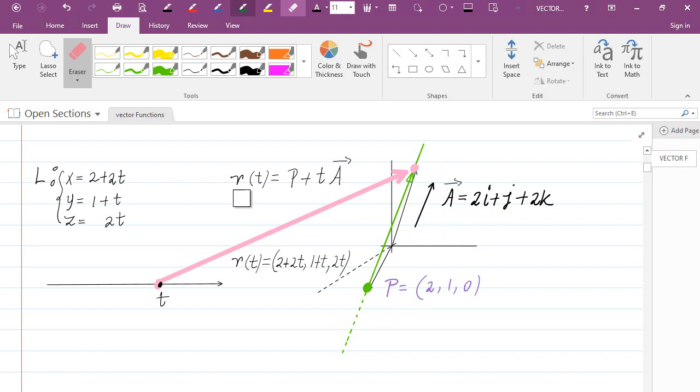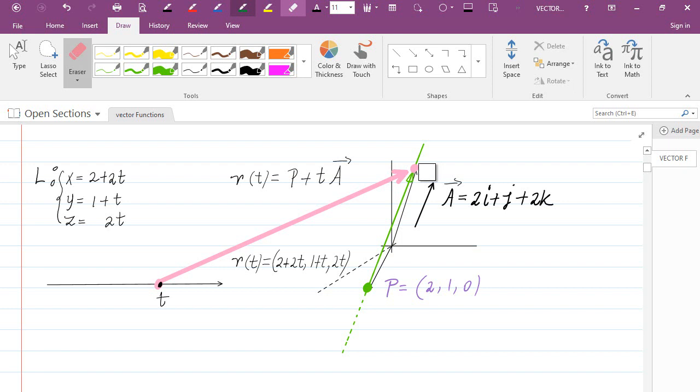So if I define the function R of t to be P plus tA, then R of t is the position vector of the pink point, or you can just say this is the point, and its tip is basically the pink point.